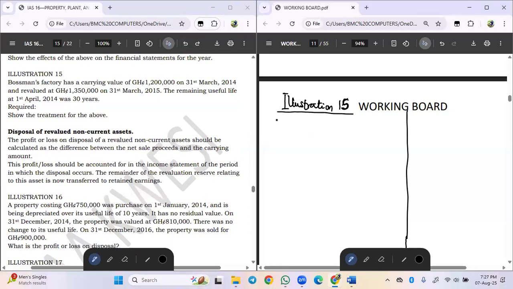Bosman's factory has a carrying value of 1,200,000 Ghana cedis on 31st March 2014, and it was revalued at 1,350,000 on 31st March 2015. The remaining useful life at 1st April 2014 was 30 years. Required: show the treatment of the above.